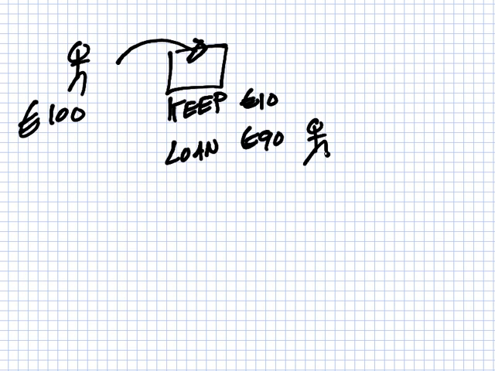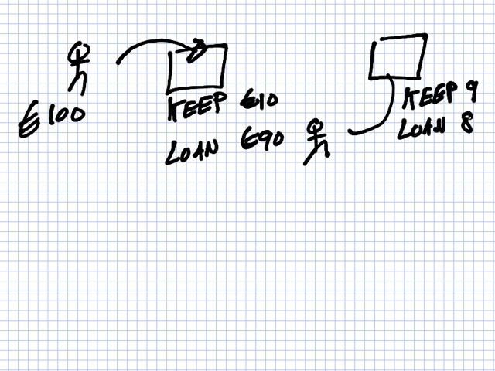Now this person has 90 euros, they got a loan, maybe they want to buy something, so they buy something, that's fine. They give the money to the shop, and where does the shop put the money? So this goes into another bank. And this bank will keep 9 euros and then loan 81 euros.